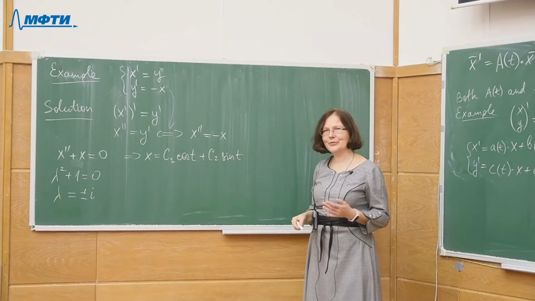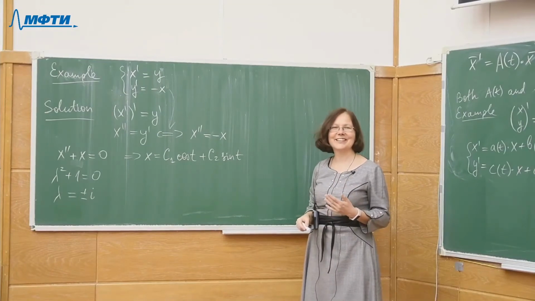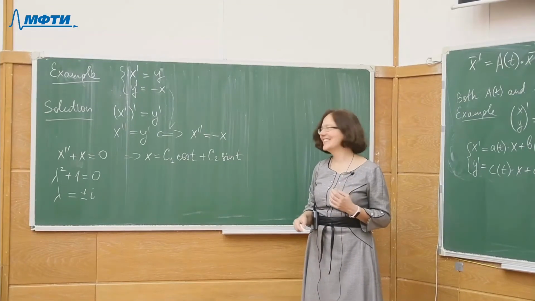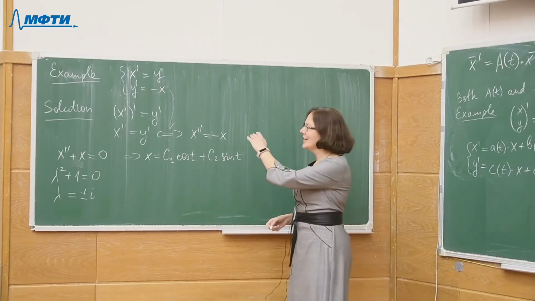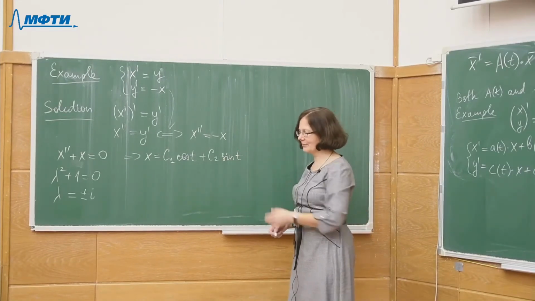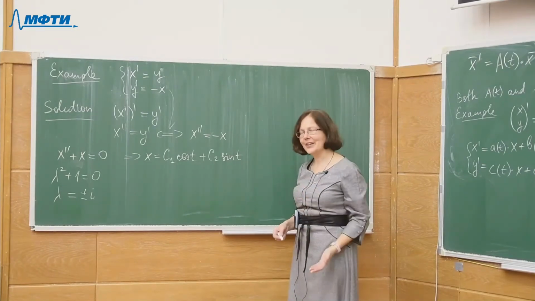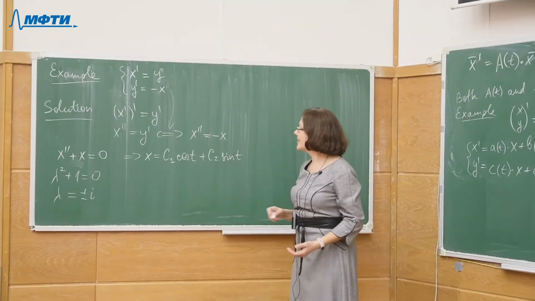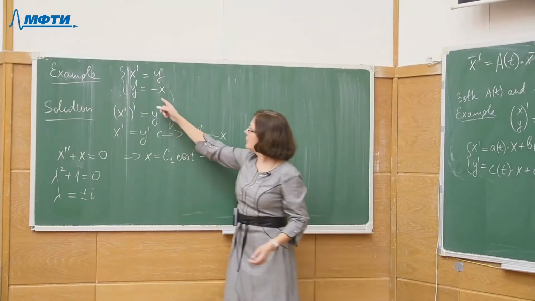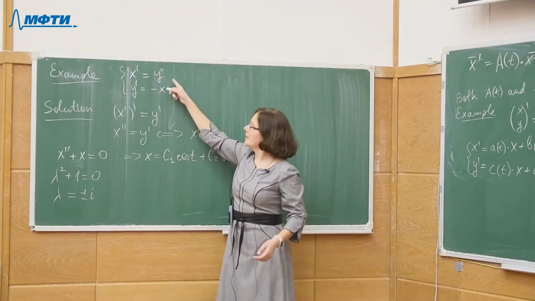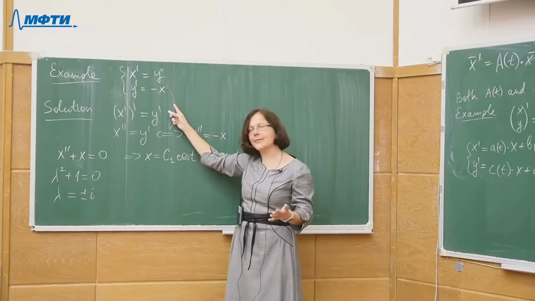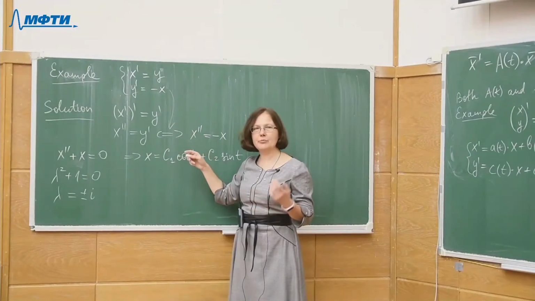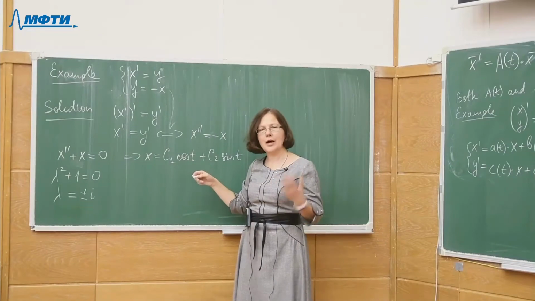Okay, clear? Do you remember this? Well, we will use the same algorithm in our seminar. So x is this. Then we want to know y, because the task was to solve this linear system. We have found x, but we don't know y. We need to find y.